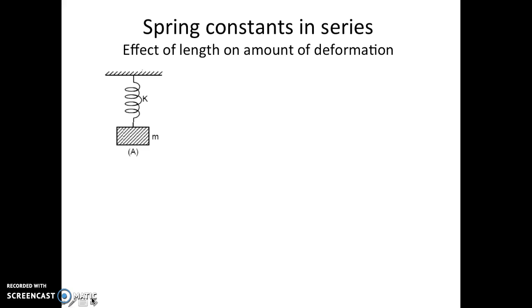If we start with springs in series, we can see the effect of length on the amount of deformation. So here I have a basic setup with one spring with a spring constant k and a mass applied to it. And we know that the total spring constant of this setup is equal to the spring constant of that spring.